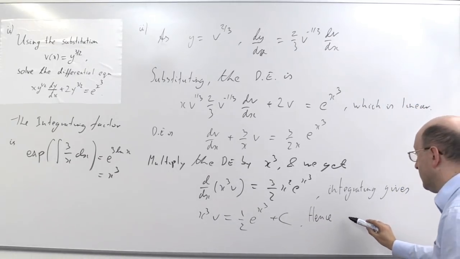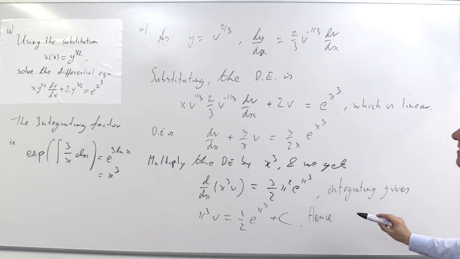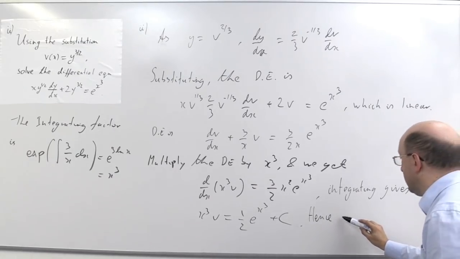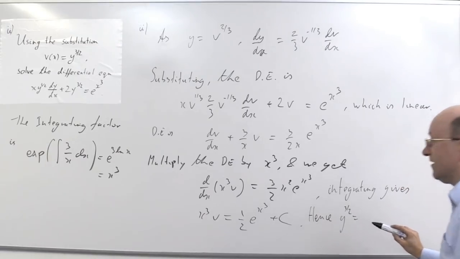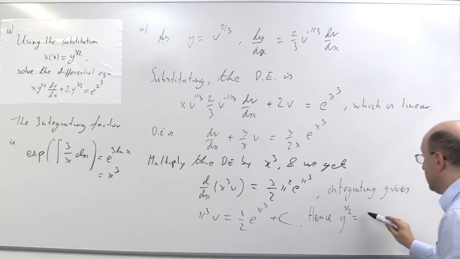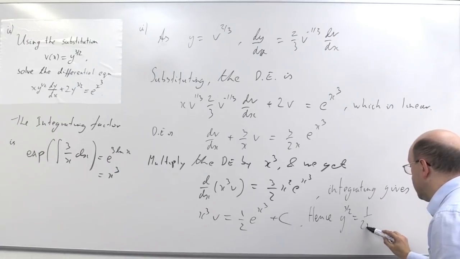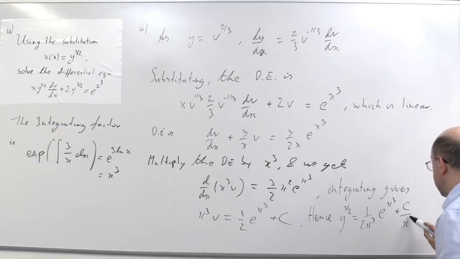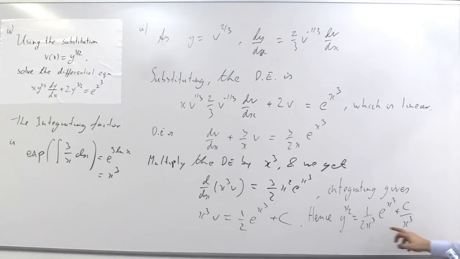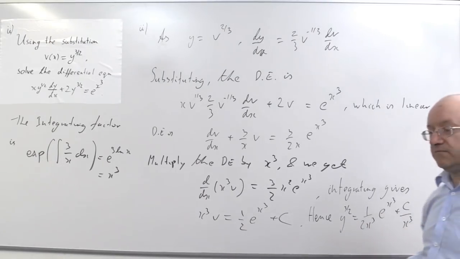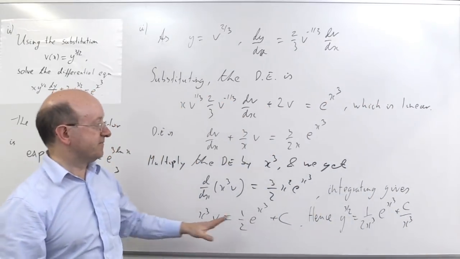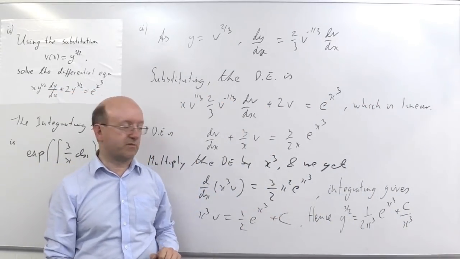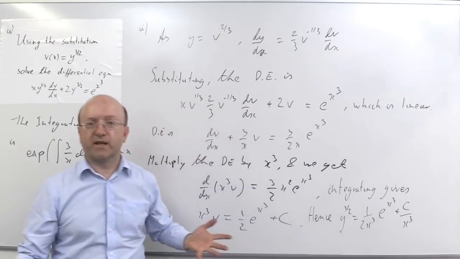Hence, v, which is y to the 3/2, is, what do we get? 1 upon 2 x cubed e to the x cubed plus some constant over x cubed. Which we could raise to the power of 2/3 if we liked, which would simplify things a bit. But sorry, I'm off the camera here. We can leave it like that if you want. Okay, that's an implicit function. That's okay for a solution of a DE.